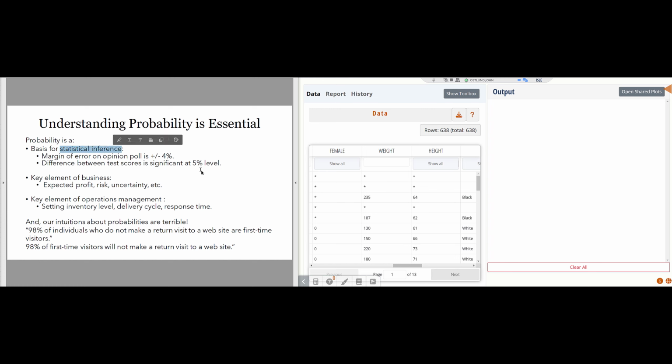It's the basis for doing statistical inference, that is, for making conclusions about overall populations based on samples.